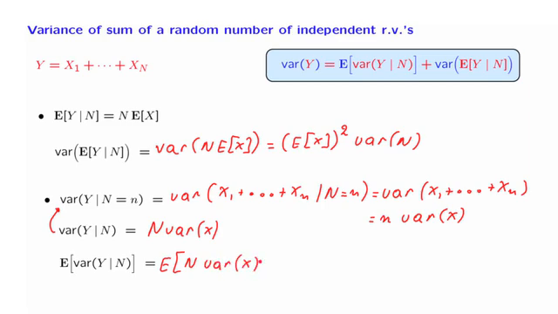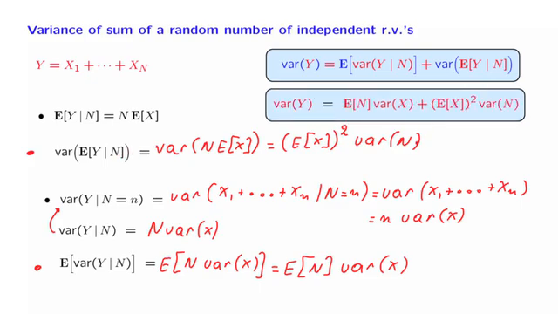And now the variance of X is a constant and can be pulled outside the expectation, which leaves us with this expression here. Now that we have calculated both terms that go into the law of total variance, we can add these two terms. We have one contribution from here, this is this term, and another contribution from here, which is this term.